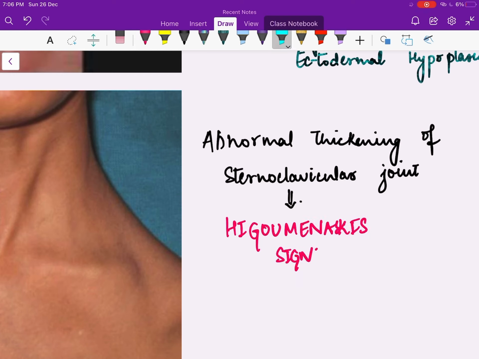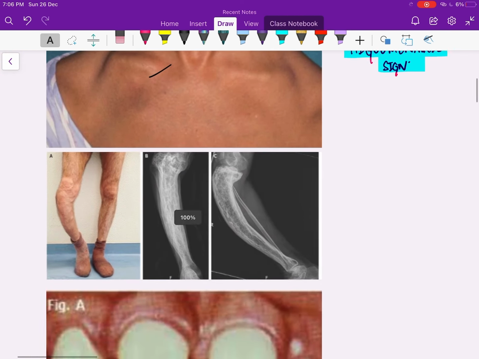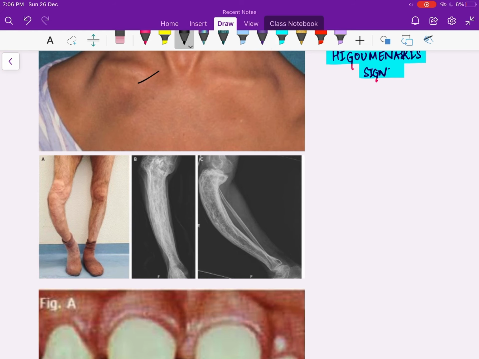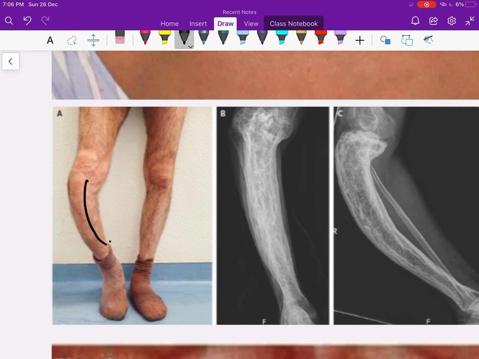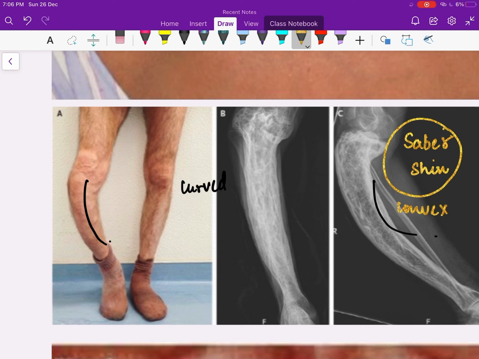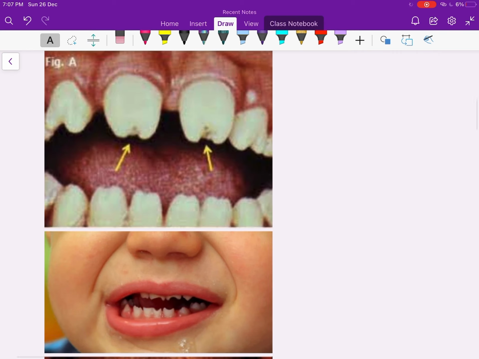Abnormal thickening of the sternoclavicular joint can be unilateral or bilateral in congenital syphilis. In this picture you can see there is a curvature in the tibia. This is called saber shin. Saber shin means your tibia becomes convex. Another characteristic feature of congenital syphilis.